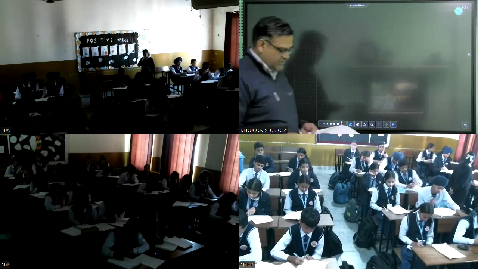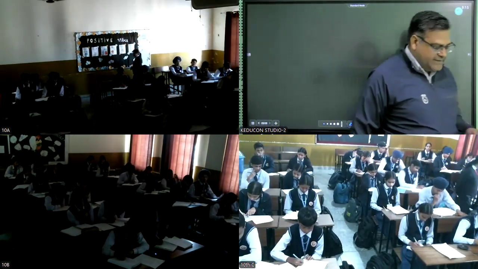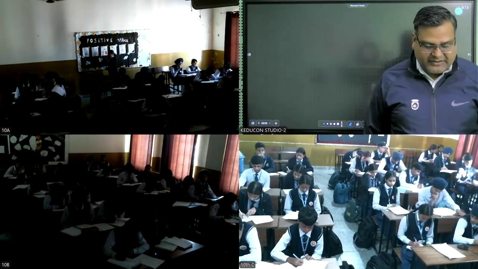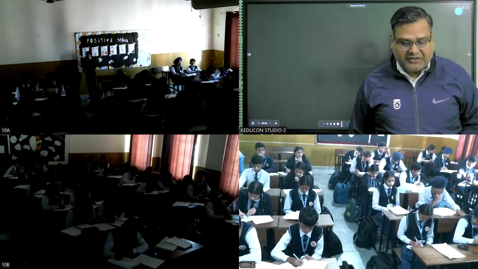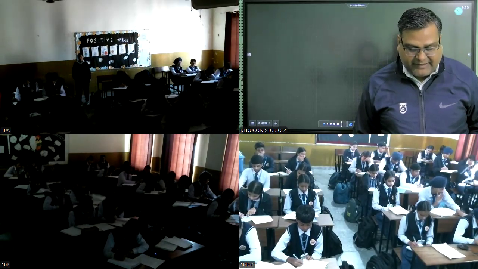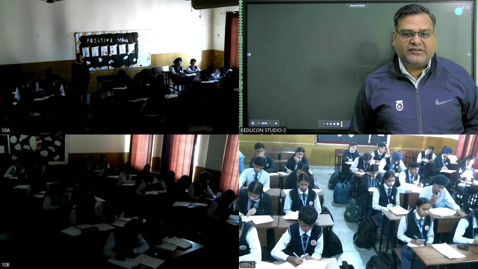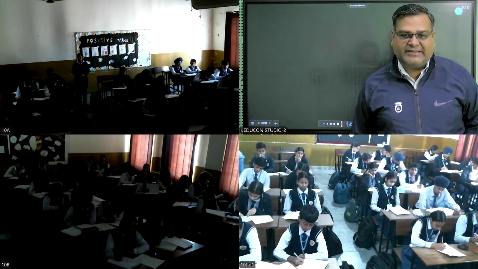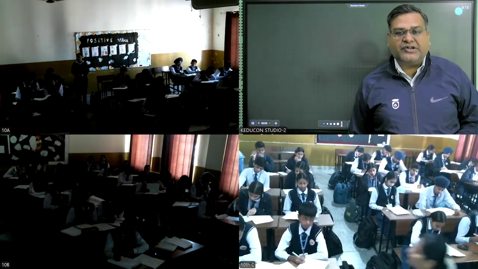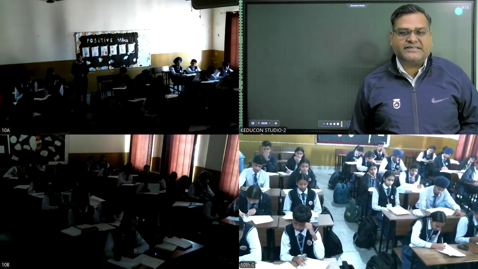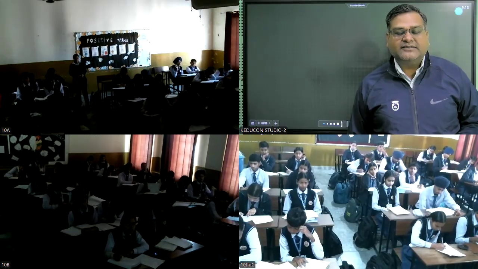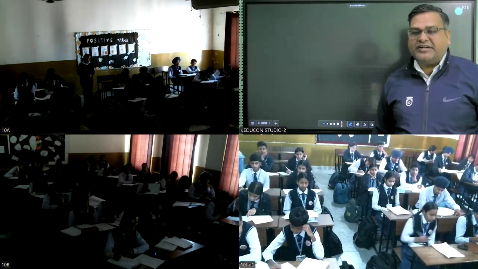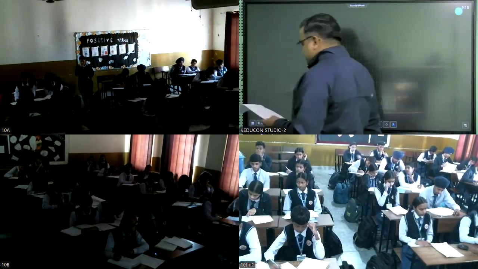Question number 11. The line segment joining points (-3, -4) and (1, -2) is divided by the y-axis. Now try to understand this question. Every point on the y-axis has its abscissa as 0, so the x-coordinate of the dividing point is 0.